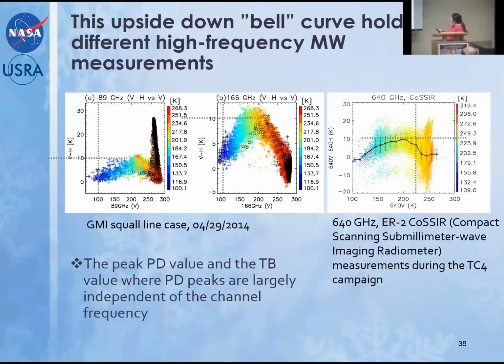It also peaks around 10 Kelvin, and it also follows this upside-down bell curve. We say it's like a universal thing for the microwave and sub-millimeter range, as long as you are looking at the PD and brightness temperature relationship.